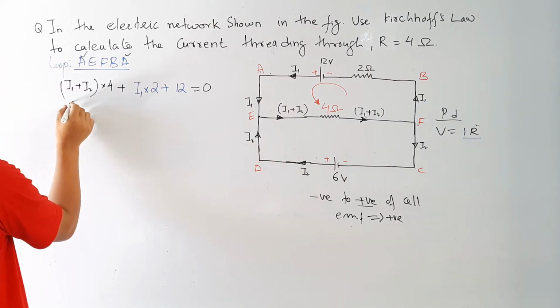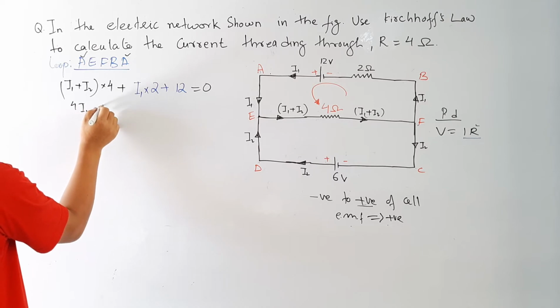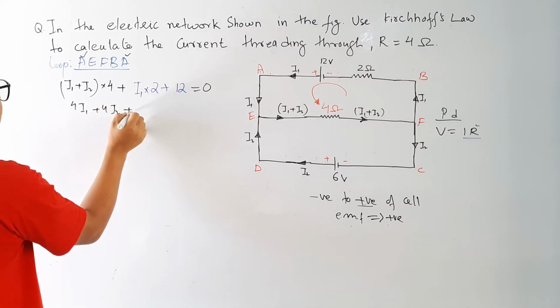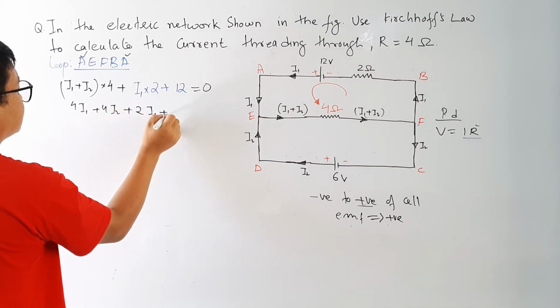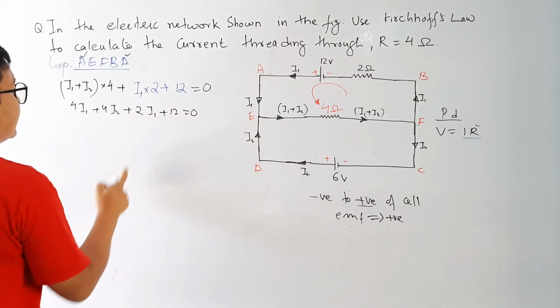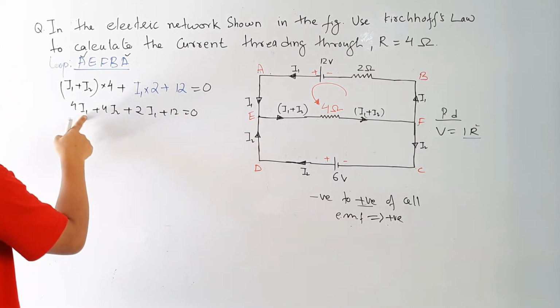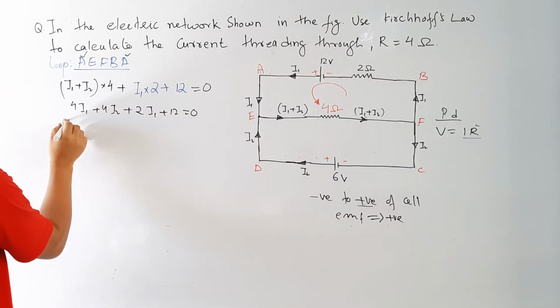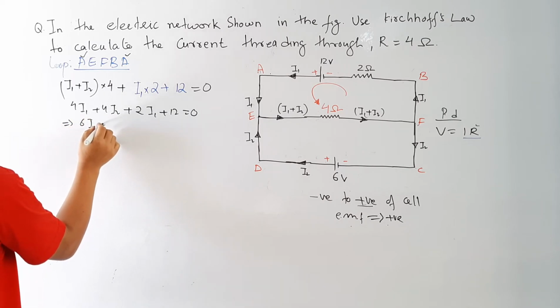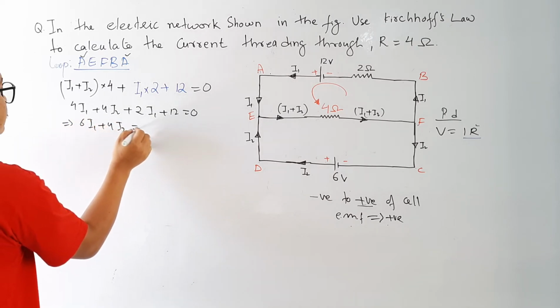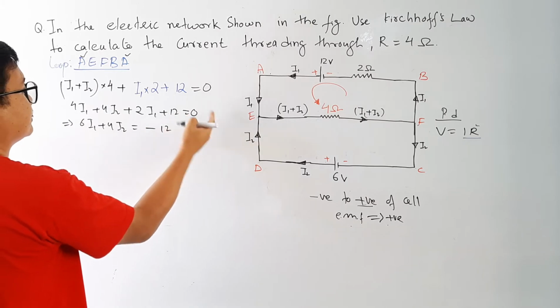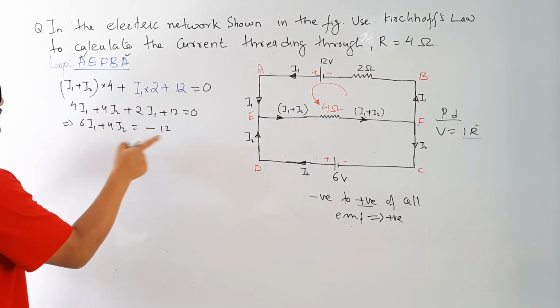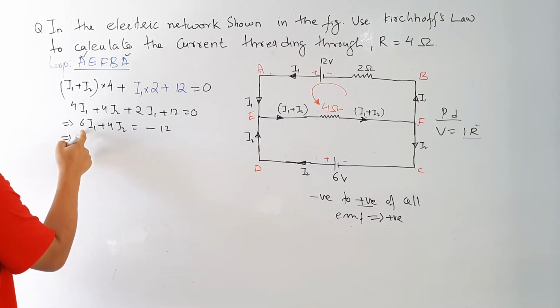So this will become 4I1 plus 4I2 plus 2I1 plus 12 is equal to 0. There is 4I1 and 2I1, so how much will this become? This will become 6I1 plus 4I2 equal to minus 12. I will take this to the other side and divide it by 2, because all can be divided.